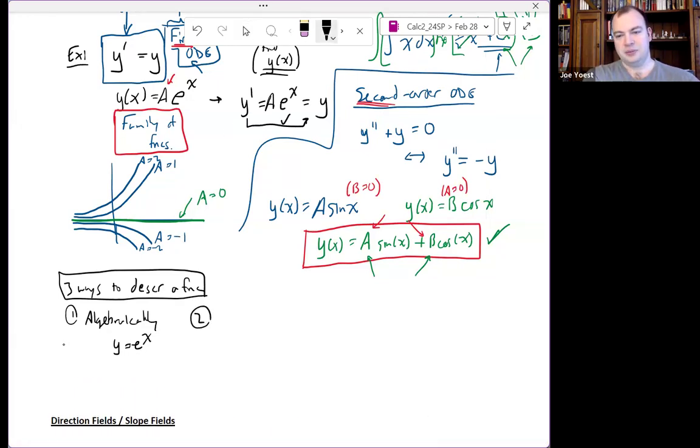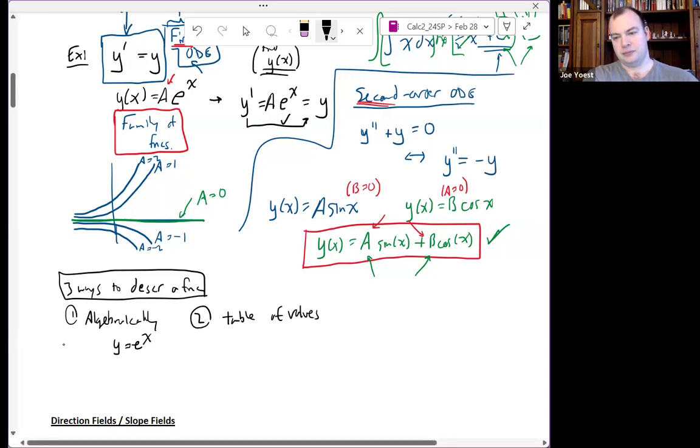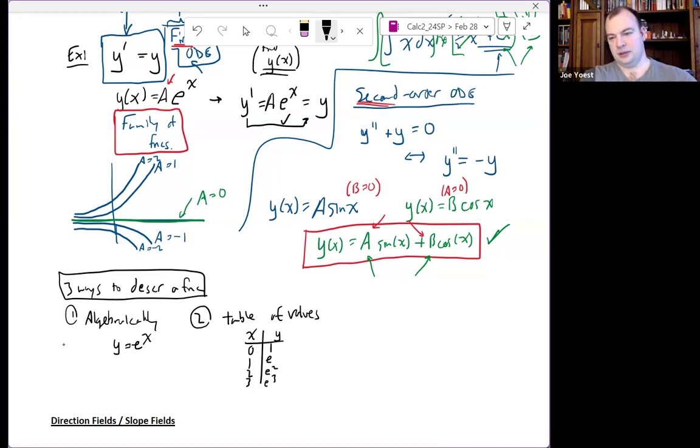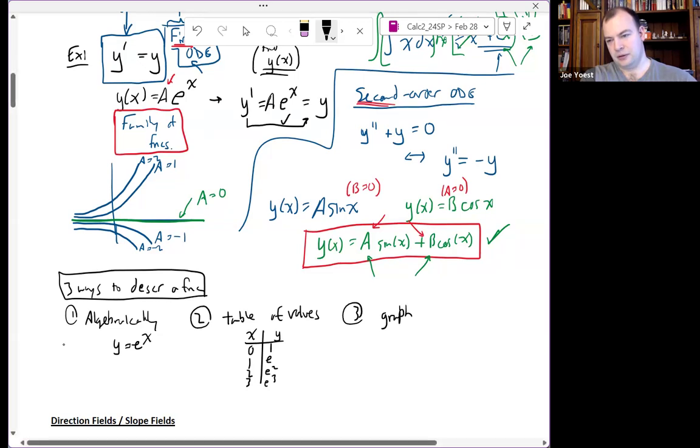The second is a table of values. So we could have a set of chosen inputs and associated outputs, a sampling of points on the graph. And the third, a graph.